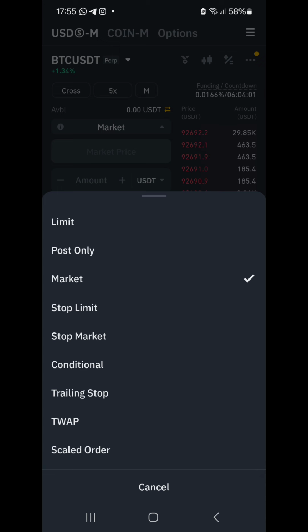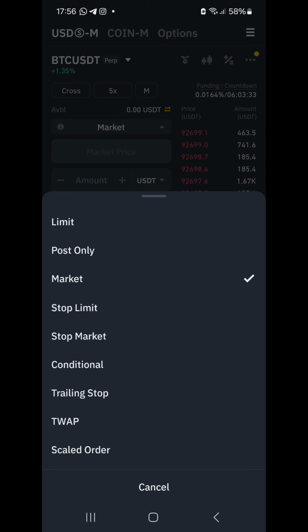Now let's move to the eighth one, which is the TWAP, meaning time weighted average price. TWAP splits a large order into smaller chunks to execute over a set period to minimize market impact.